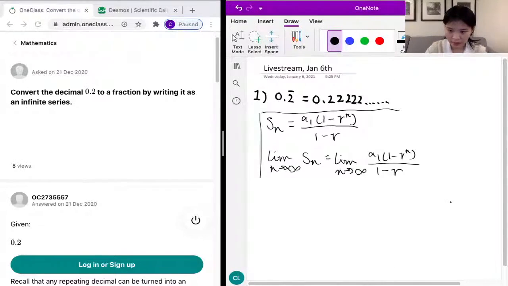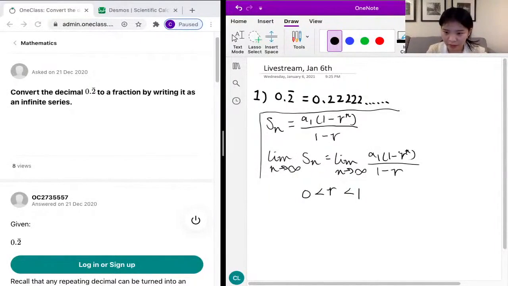We know that when R is between 0 and 1, when R is a fraction, R to the power of n, when n tends to infinity, is infinitely small, because you're multiplying an infinite number of fractions together, so they're arbitrarily small.